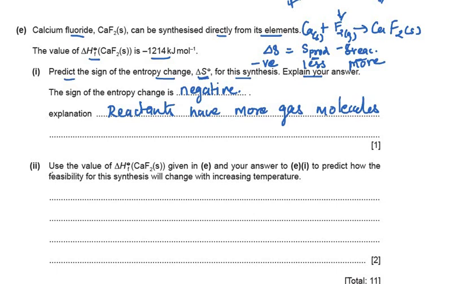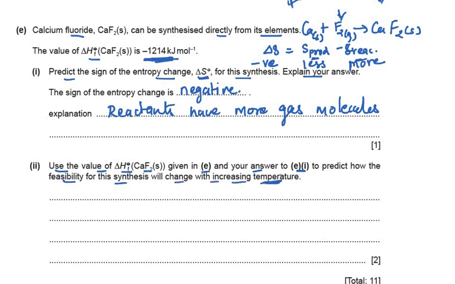Now the next sub question says use the value of delta H formation, that is enthalpy of formation of calcium fluoride, which is given here in E, and use your answer to E1 to predict how the feasibility of this synthesis will change with increasing temperature.